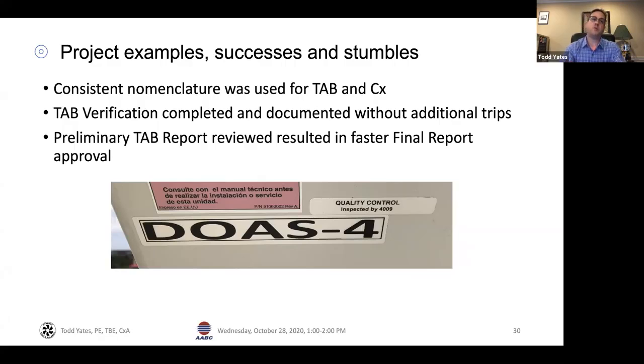They made note of what we were doing and the readings we were taking. In other cases, we were able to do it while we were there with them. We essentially had a preliminary review of our test and balance report, and that resulted in a faster approval of the final report once it was submitted.